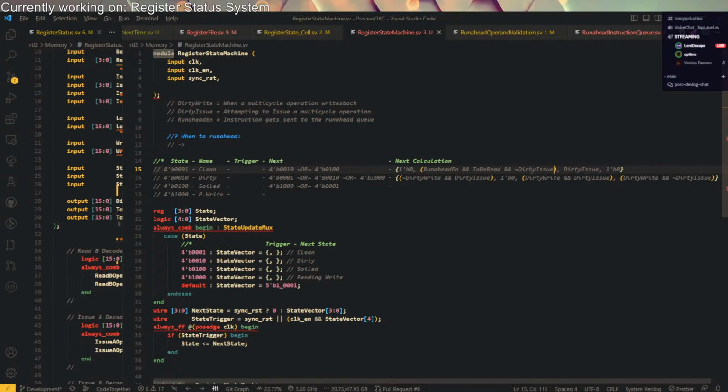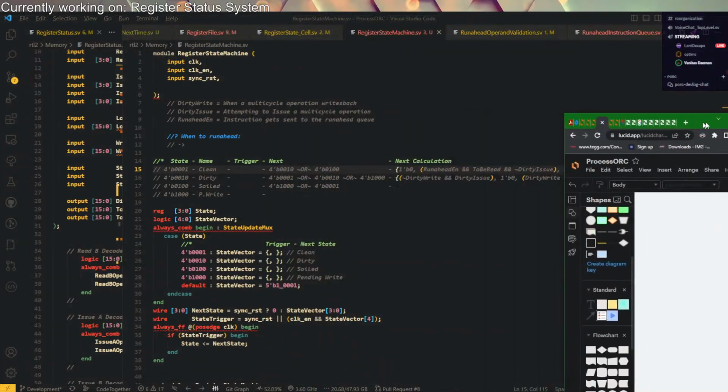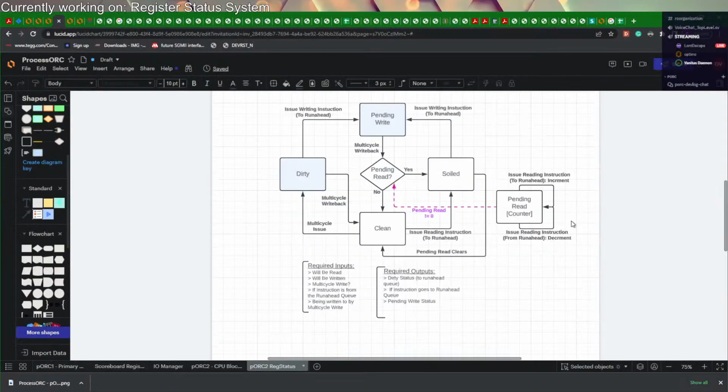I want to know, is there actually any situation where you could be dirty and soiled? What are the conditions for being marked dirty and soiled again in the state machine?